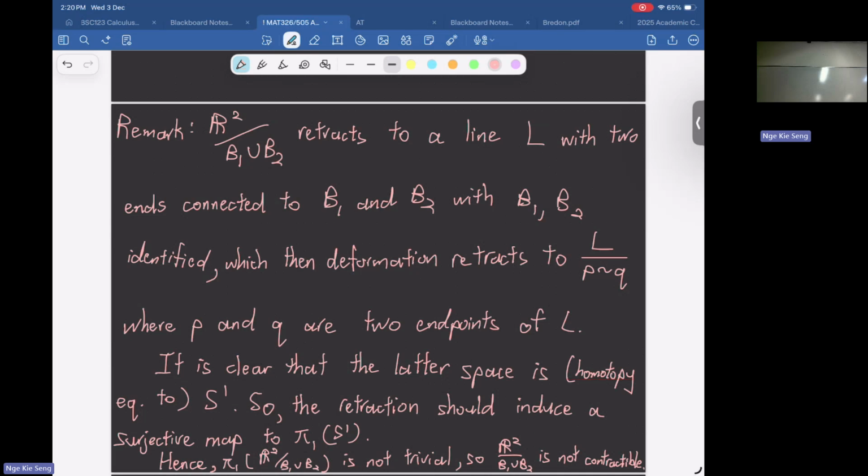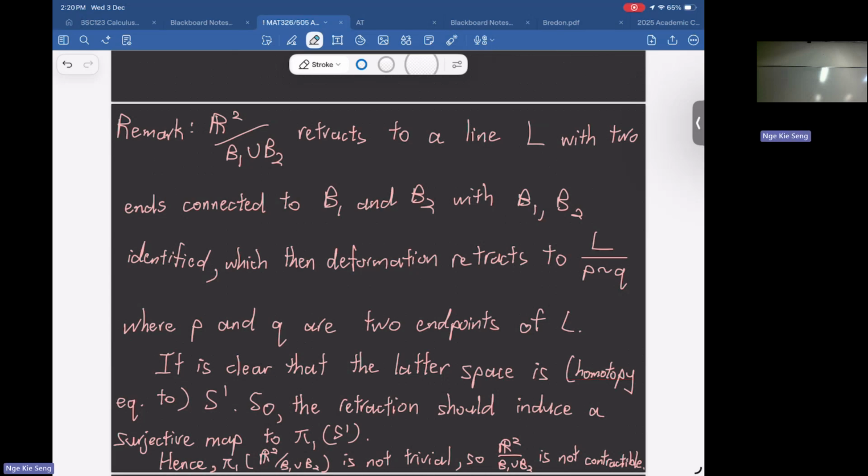It's a retraction. So the retraction goes from pi 1 of the quotient of R2 by B1, B2 to pi 1 of that one. But last time you proved that the map induced by the inclusion is injective, right? But what's the inverse? The inverse is R star, the induced retraction, meaning the induced retraction should be surjective.